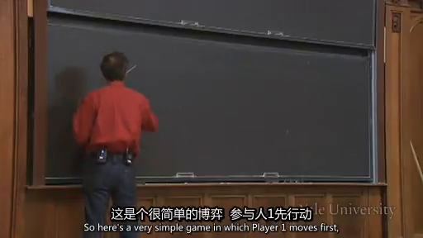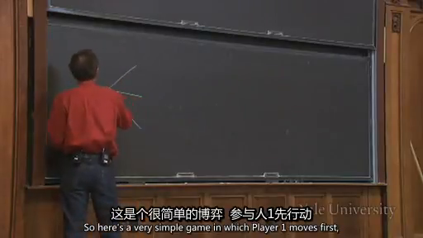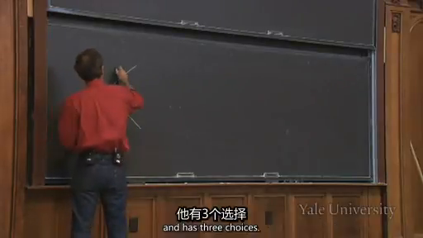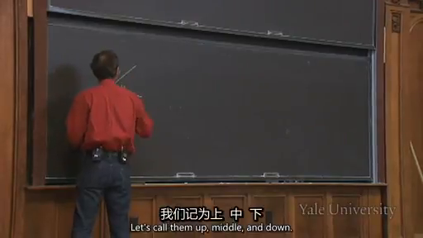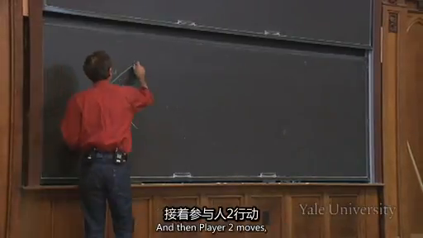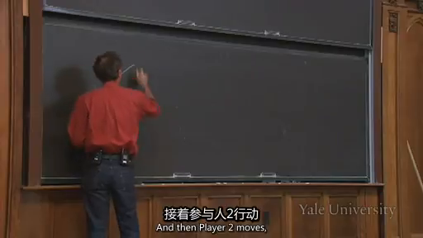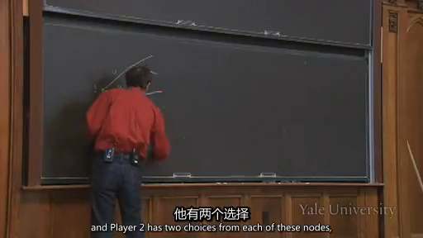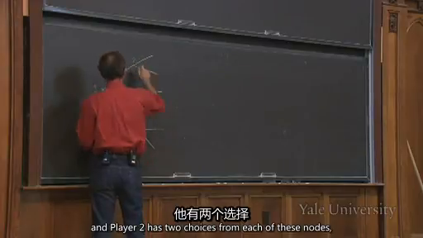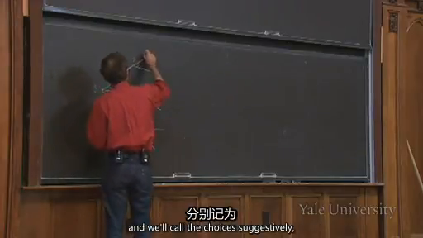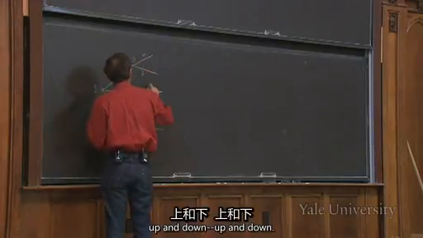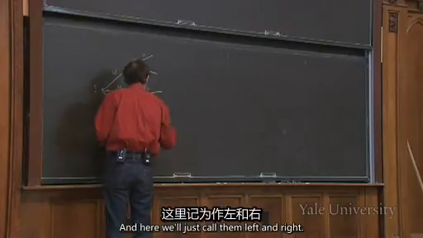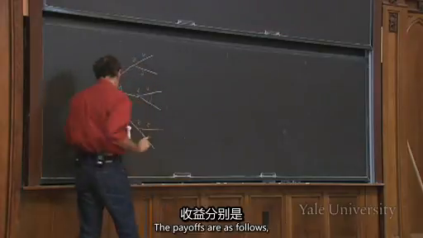Here's a very simple game in which player 1 moves first and has 3 choices. Let's call them up, middle, and down. Then player 2 moves, and player 2 has 2 choices from each of these nodes, and we'll call the choices suggestively up and down, and here we'll just call them left and right.